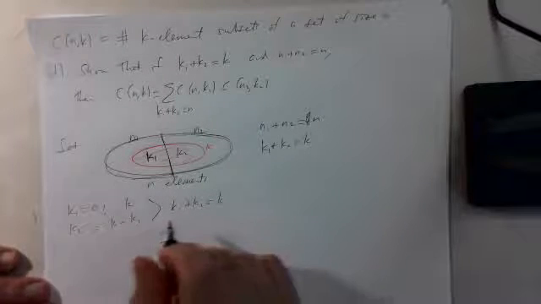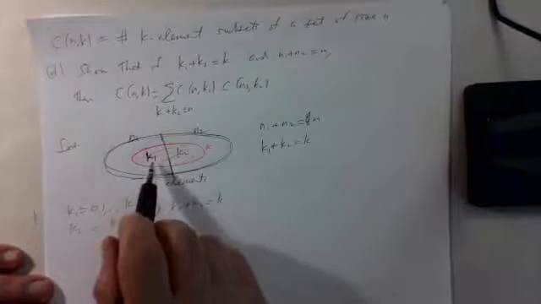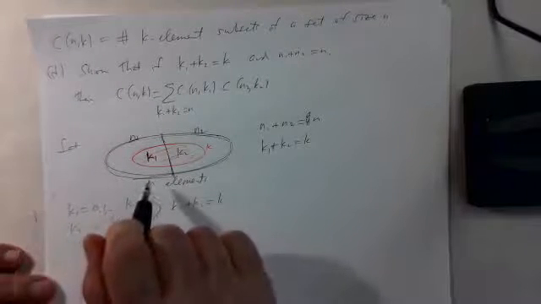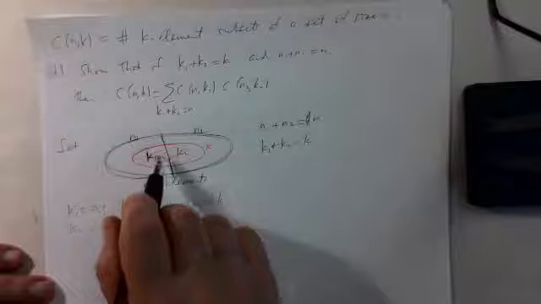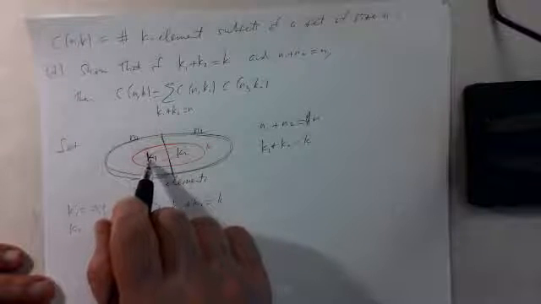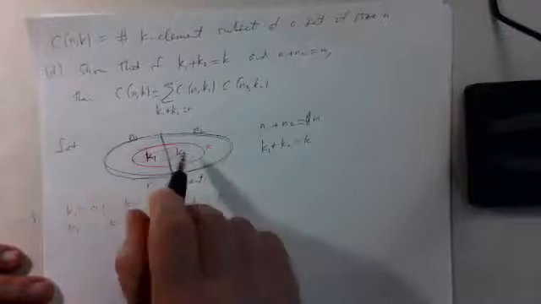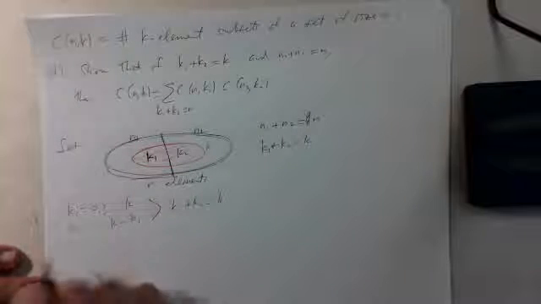So I could say, well, how many sets of size k have exactly k1 elements in this left-hand side and k2 elements in the right-hand side?